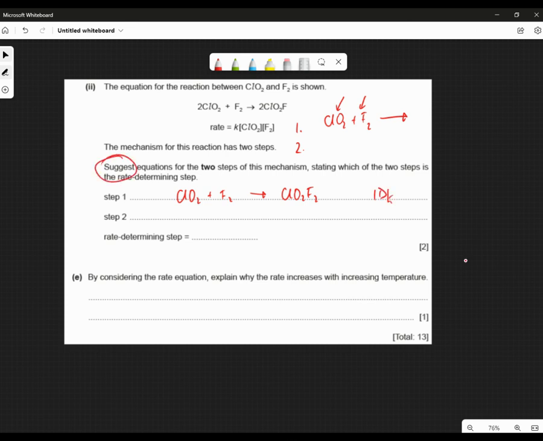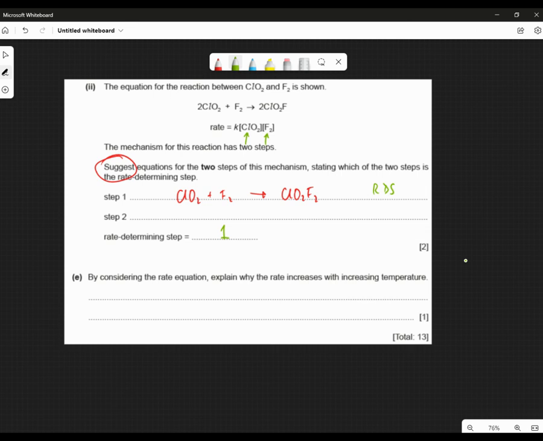So it doesn't have to be right. It has to just fit the information available. So one of those joins with one of those, and we get one of those. All right, let me cover this. Now, since this step is the one that has the molecules in the rate equation, this must be the rate determining step. So I'm going to say the rate determining step is step 1.